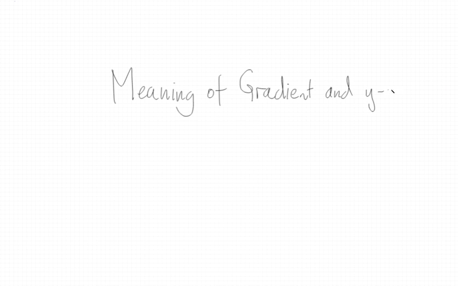In this video, we're going to talk a bit more about the effect of the k and m values on the equation of a straight line, or the meaning of the gradient and y-intercept.